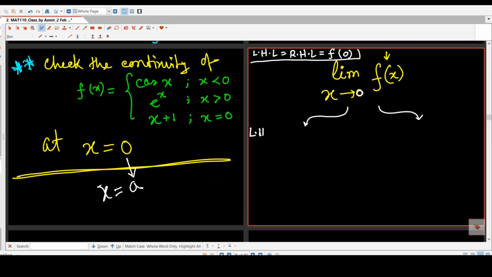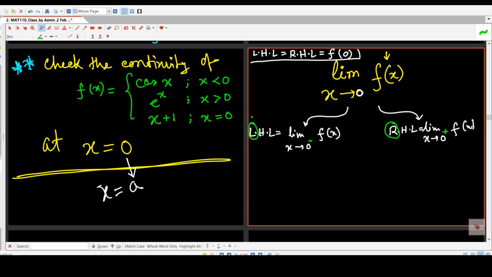Left hand limit, right hand limit: limit x tends to 0 minus f of x, limit x tends to 0 plus f of x. Now we have to find out which one is the leftward function and which one is the rightward function.